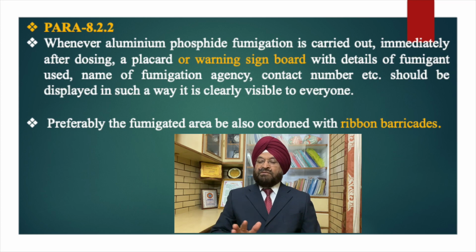Now, whenever aluminum phosphide fumigation is carried out, immediately after dosing, a placard or warning signboard should be placed near the stack, containing details of the fumigant used, name of the fumigation agency, contact number, etc., so that in case of any emergency, one can contact you or the operator.